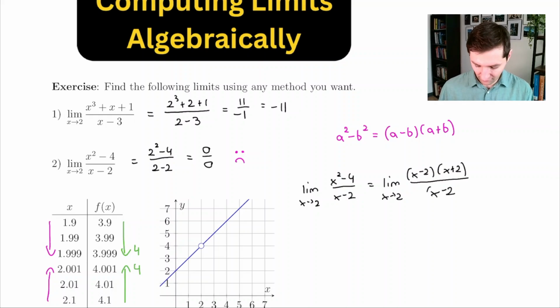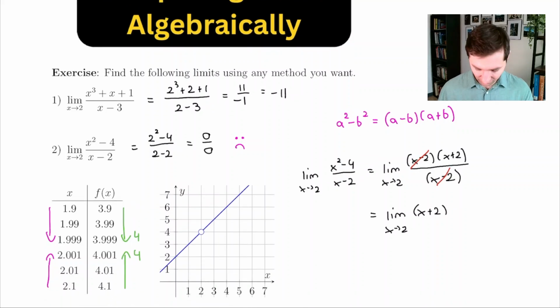Now I see that I have a factor of x minus 2 in the numerator and in the denominator. I can divide it out, and I get the limit, as x goes to 2, of just x plus 2. Now nothing is stopping me from applying the direct substitution property. I plug in 2 and I get 4.